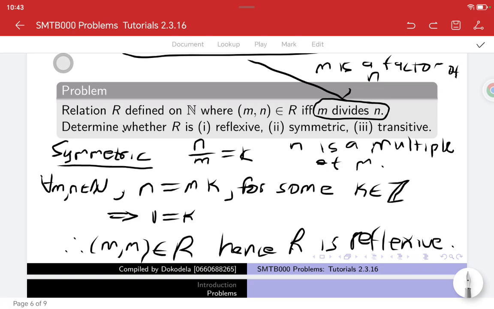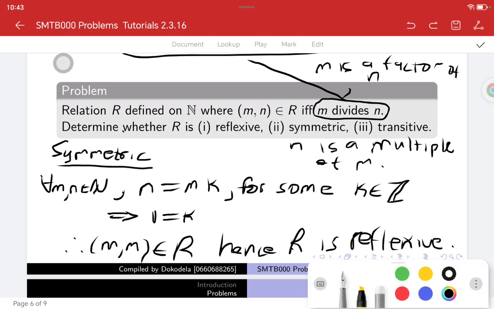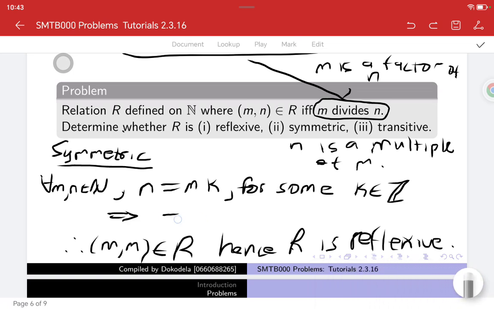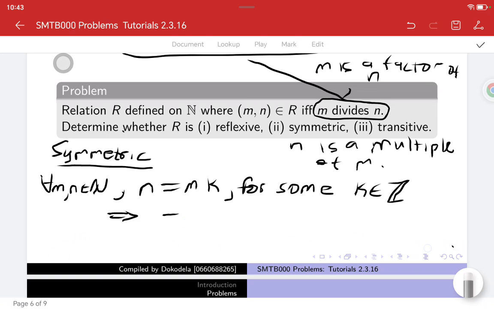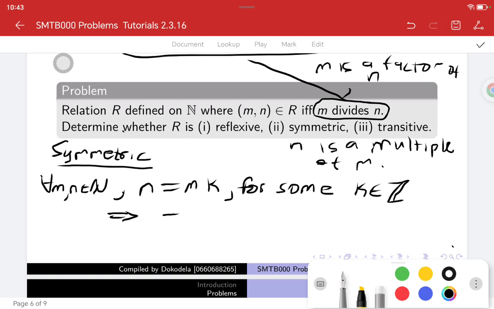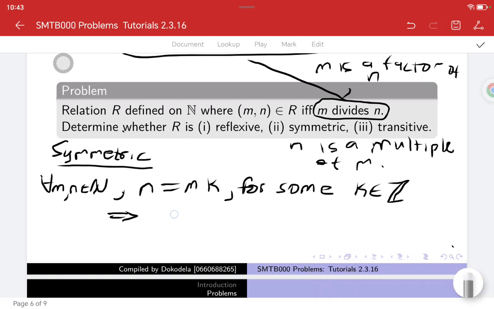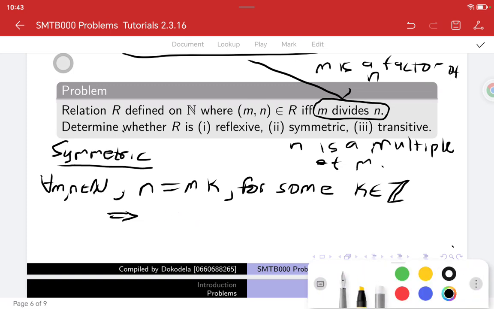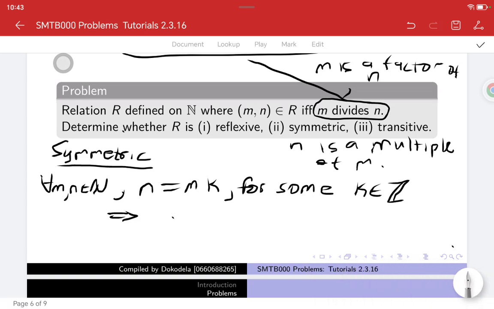So when I have this, now I should commute. I should apply commutativity for me to get to the solution. So the aim here is to arrive at this.